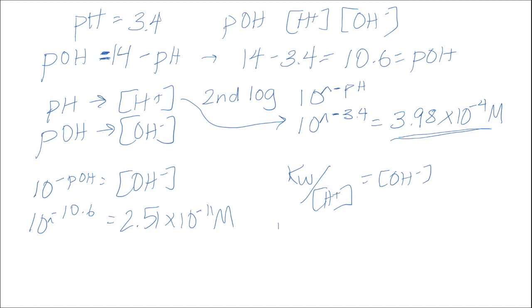Kw is always a constant, you will have this 10 to the minus 14. My H plus concentration was 3.98 times 10 to the minus 4. So if I do that calculation, I get the same thing. So either way you get the number, it's just whatever is easier for you to do in your calculator. Okay?